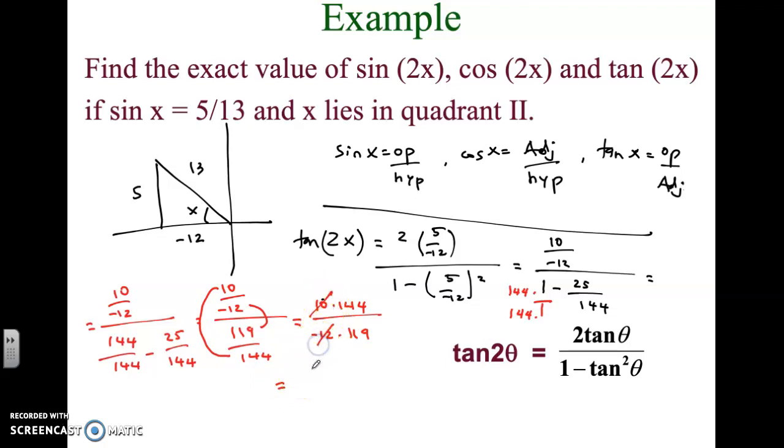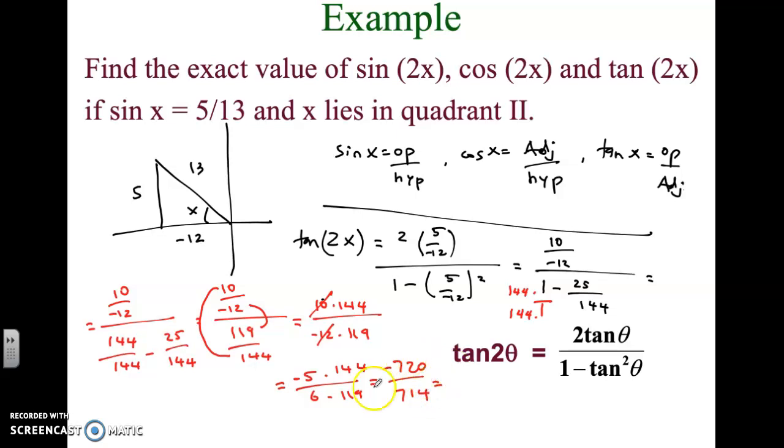Half and half gives me 5 over 6. Let me bring that negative to the top. Then 144, I can simplify it by dividing by 2. So 5 times 144 is 720, and 6 times 119 is 714.